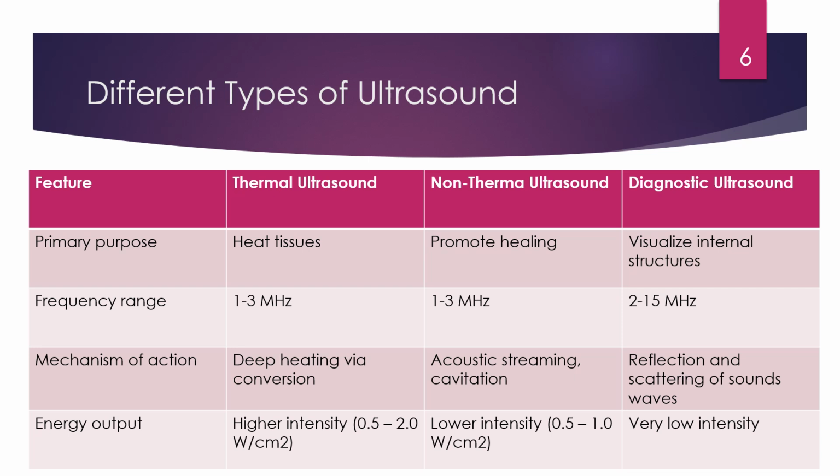When we look at the mechanism of action for non-thermal ultrasound, we're going to talk more about acoustic streaming and cavitation. That's going to help create cell permeability, which is going to allow for nutrients to enter the area to help promote tissue healing. So we'll talk a little bit about those more later on in this lecture.